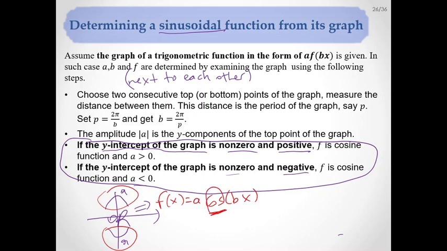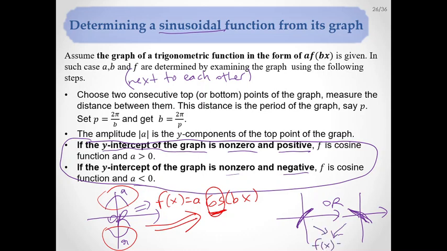So we need to say it's cosine. Now, when it comes to the sine, we have this situation. For sine, if it goes like this or like this, it passes through the origin. So this function is f of x equal to a sine bx. Here it's increasing, a is bigger than 0, and if a is less than 0, it's a decreasing function.